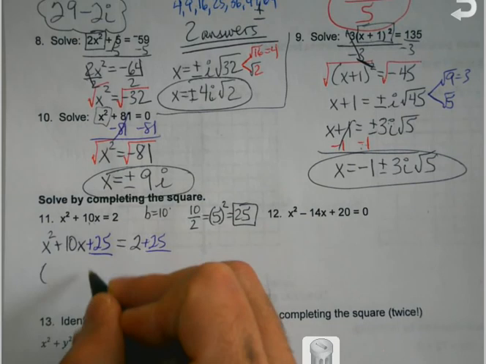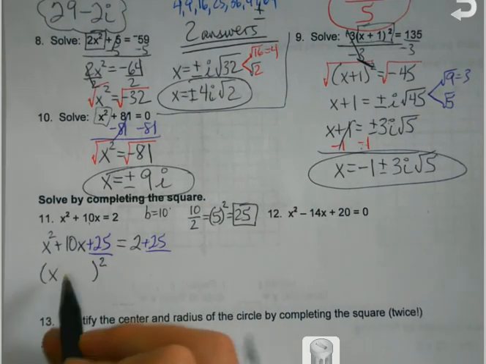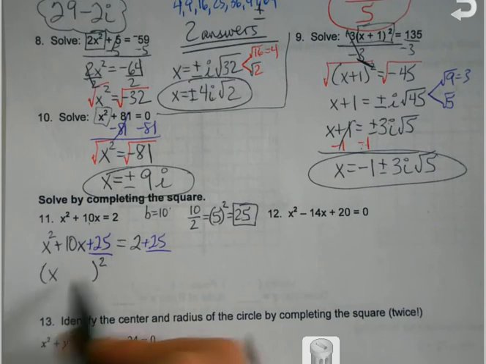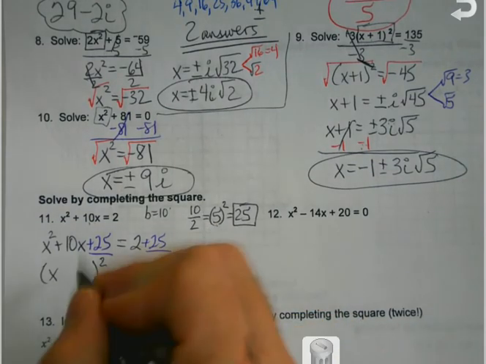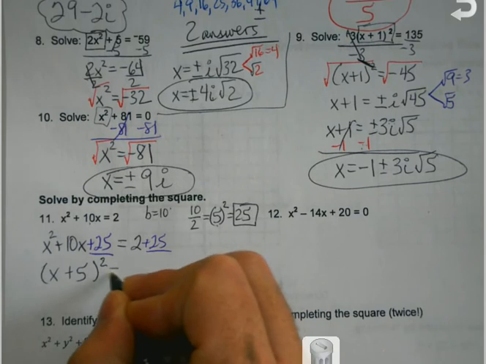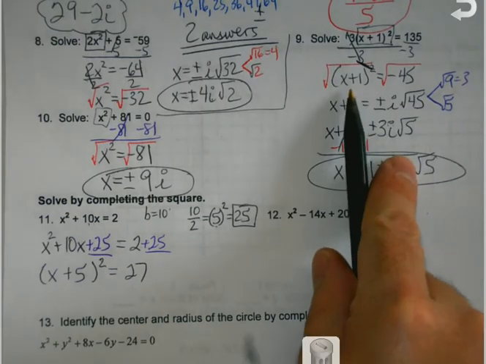And I go, okay. Now we're going to turn it into that binomial. And remember, I get my number that goes with x by taking whatever my b divided by 2 number was, that positive 5. And now basically we have a problem that gets finished off just like we finished off number 9. Once we had the parentheses by themselves.